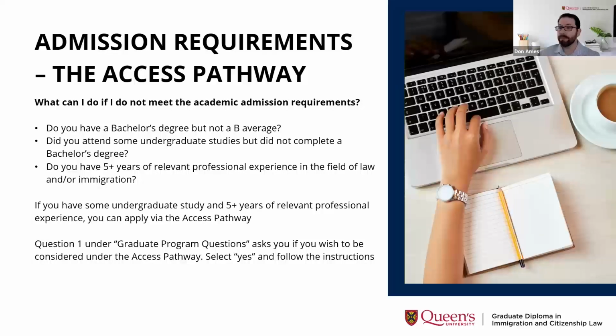So perhaps you completed a bachelor's degree, but you didn't have the B average, because you faced some sort of issue within your studies. Perhaps you attended some undergraduate studies, but you didn't complete your bachelor's degree program because of some sort of barrier or external circumstance. That may be grounds to allow you to apply for our program via the access pathway.